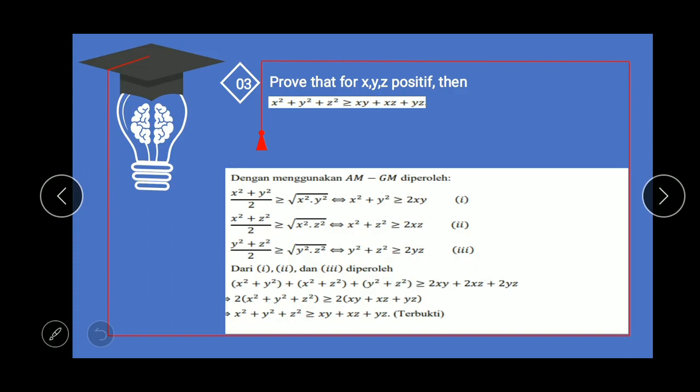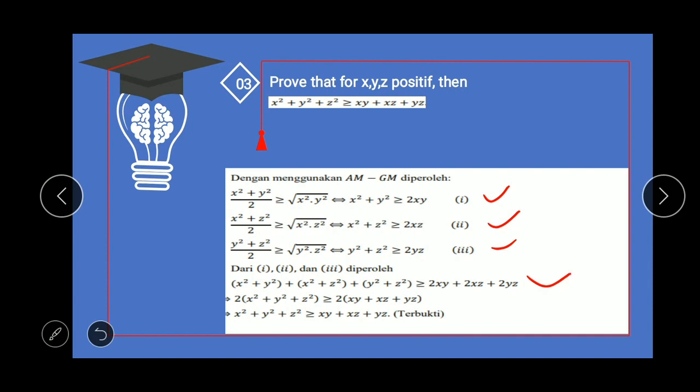By using the general form of AM-GM, we can find this equation, the first, the second, and the third equation. You can search Google for the general form of AM-GM. And then from the first, the second, and the third equation, we find this form.